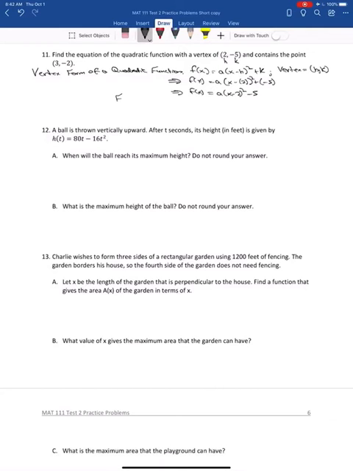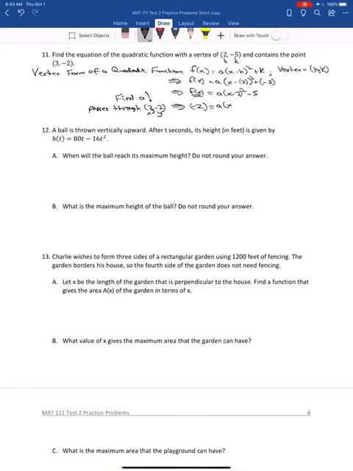So now we've got to find the value of a. We're going to do that by plugging in this point. So again, we know it contains, or passes through, I'll write that down here, passes through (3, -2). So here's an x and a y value that we can plug in. So that implies -2 is equal to a times (x minus 2) squared minus 5.